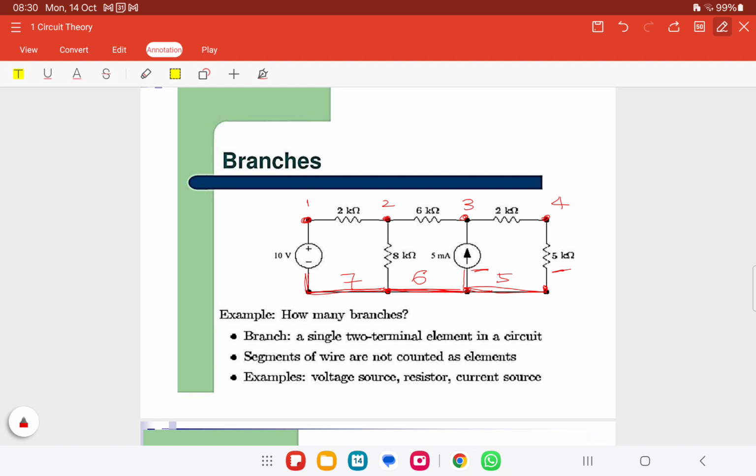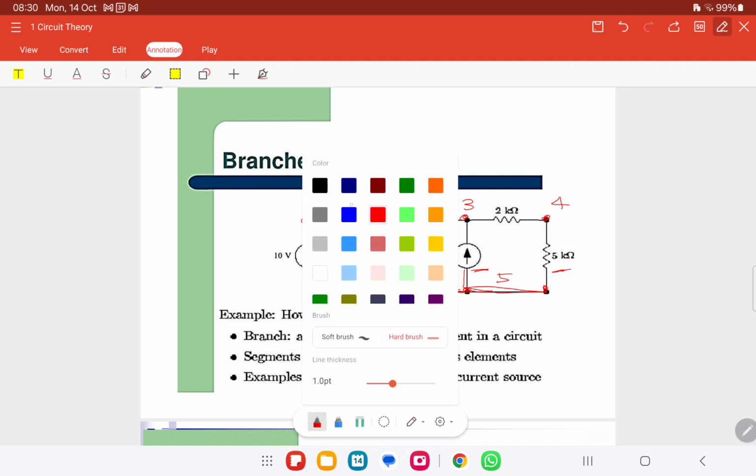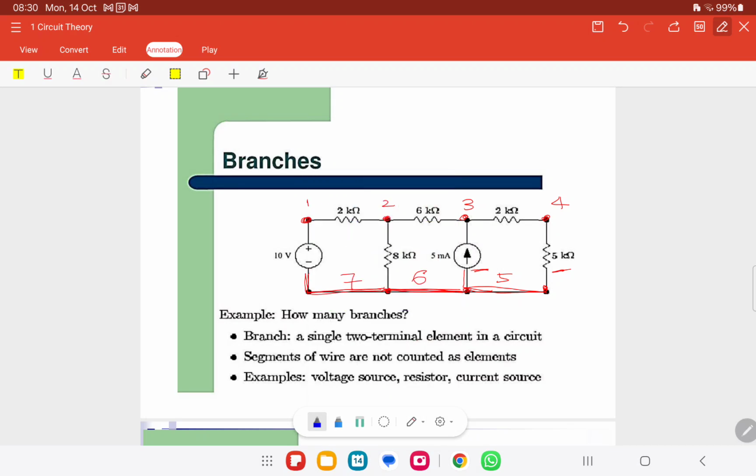Okay, for branches, more than 2. 1, 2, 3, 4.